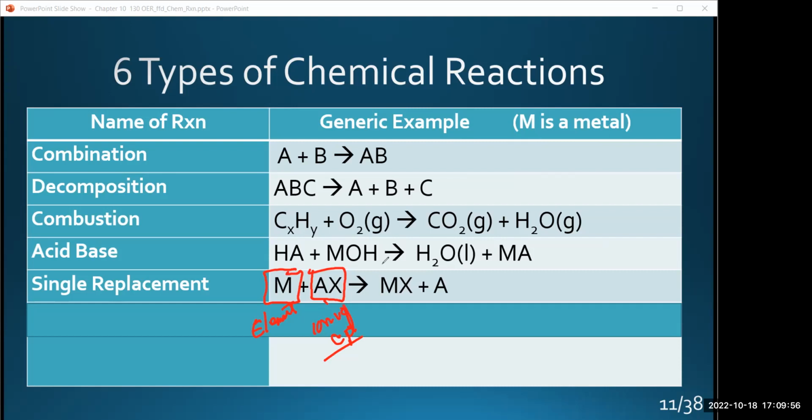What happens is the metal that is in elemental form displaces the metal A, which represents the metal in ionic form. So now what we created is a new ionic compound, MX. And then we generate the A that was ionic and put it back into the element, okay?